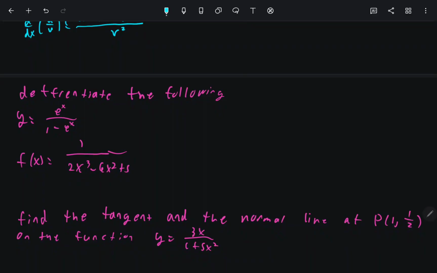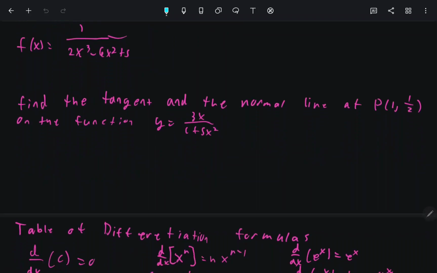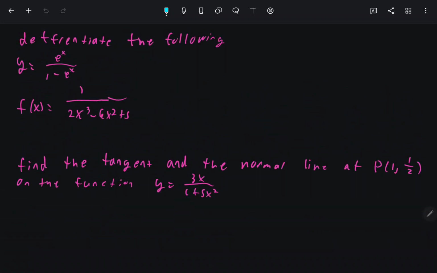So I have these following functions I'd like us to evaluate. And then after that, I believe we have just one more thing to do. So we have e to the x over 1 minus e to the x. Well, let's use our rules. So take the derivative with respect to x.